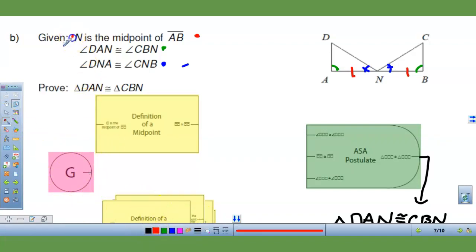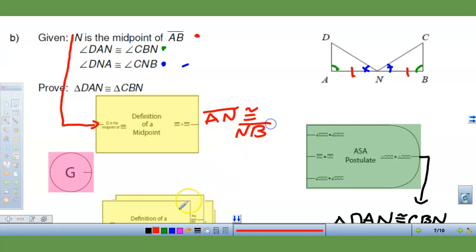I'm going to take this statement and plug it into here. When I plug this statement into this definition, the output is what's actually congruent to what. So look back at your picture. AN is congruent to NB, which satisfies the segment part of my angle side angle postulate.